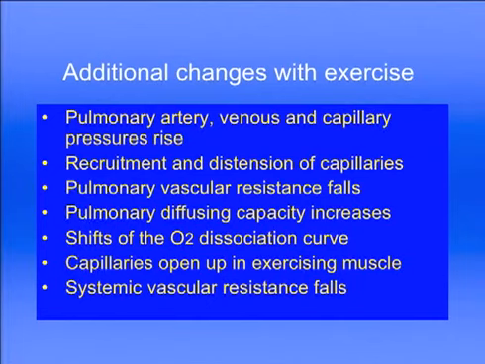There's a rightward shift caused by the increase in PCO2, hydrogen ion concentration, and temperature in exercising muscle, and that reduces the oxygen affinity for hemoglobin, which allows the blood to unload oxygen more efficiently in the periphery.